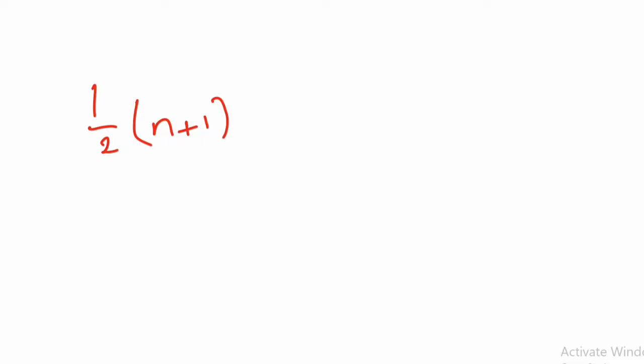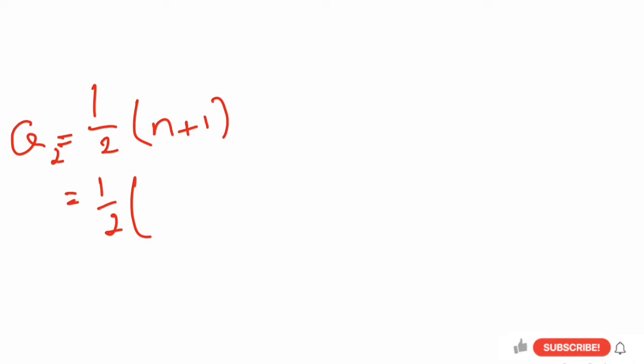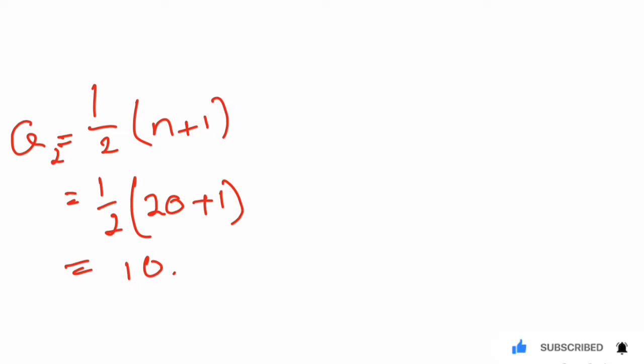So median is also known as the second quartile or quartile 2. Where there is n, you are going to replace it with the number of values that you have. In this case, we are told that there are 20. So here the answer is 10.5. So this 10.5 is not your final answer.